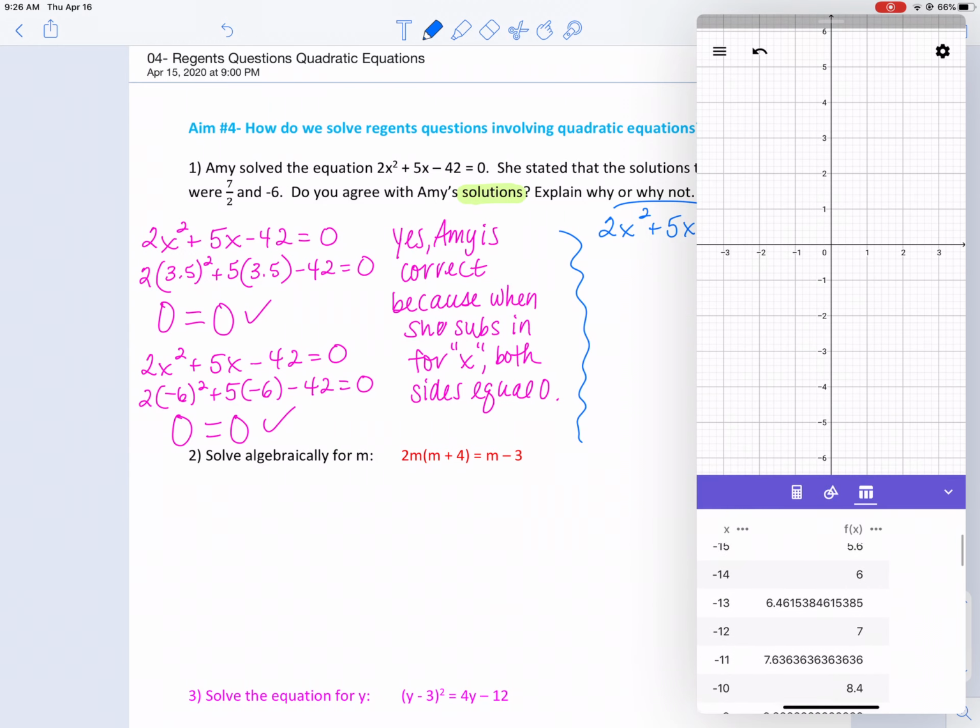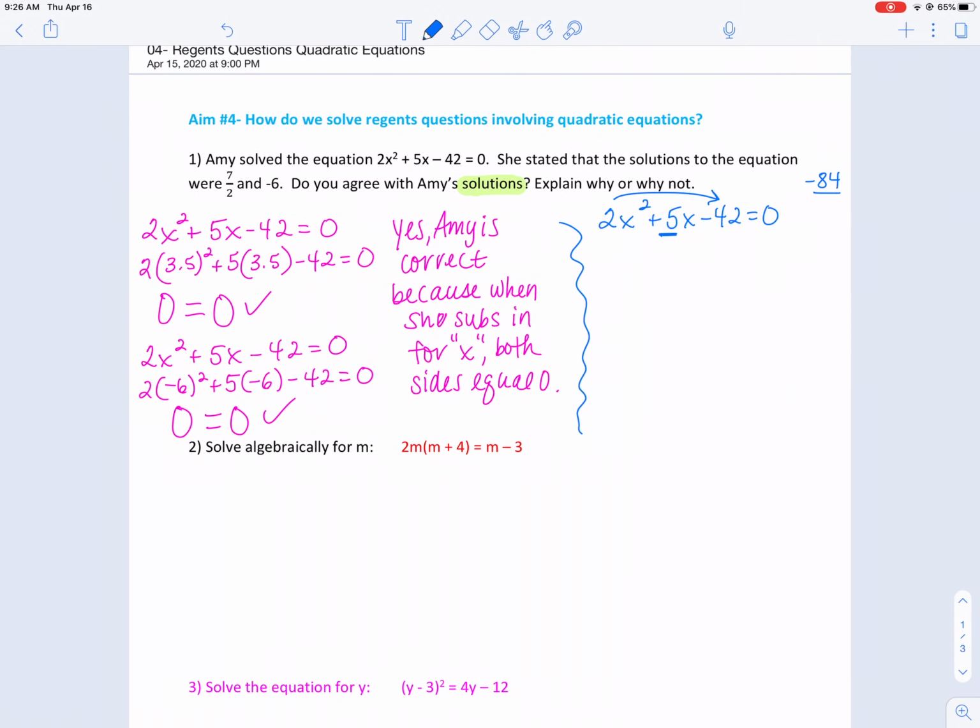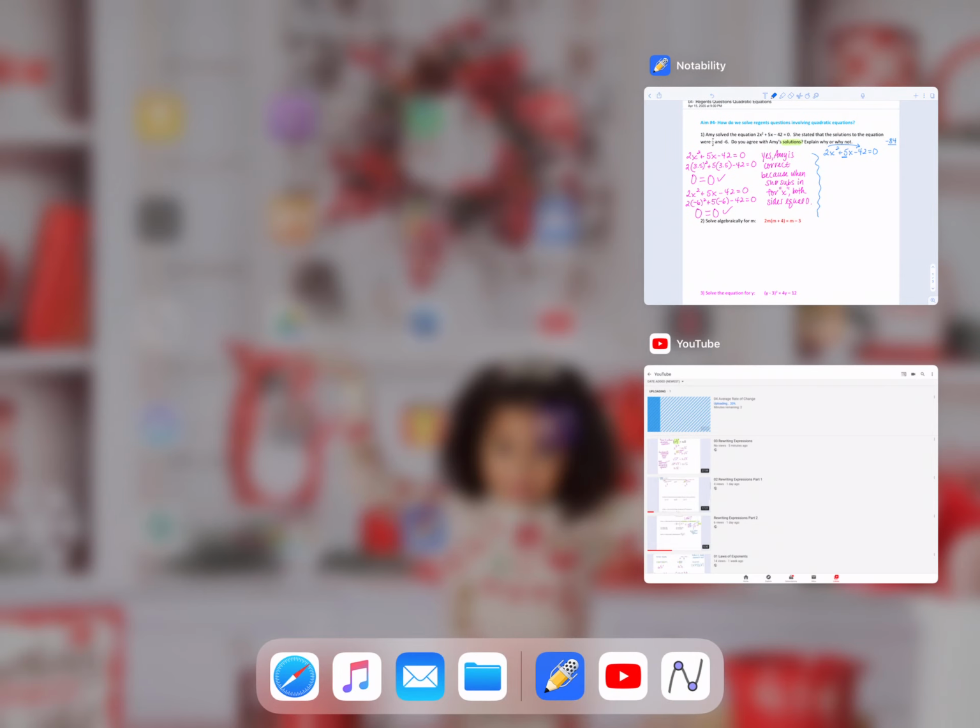I need two numbers that are going to have a difference of 5. That's my middle term right here, positive 5. And I see it right there. It's got to be 12 and 7. They'll give me a difference of 5. So if I want it to be positive 5, I'm going to say, wait, what were my two numbers?